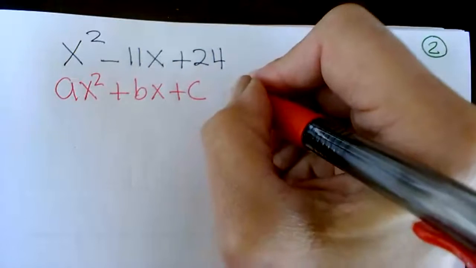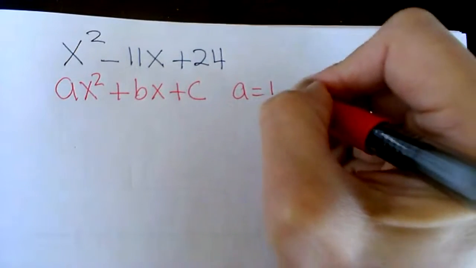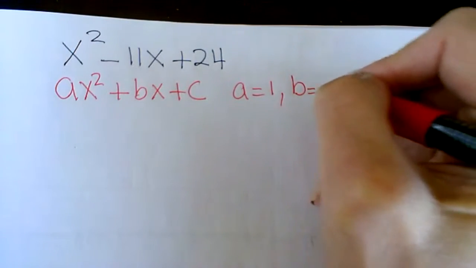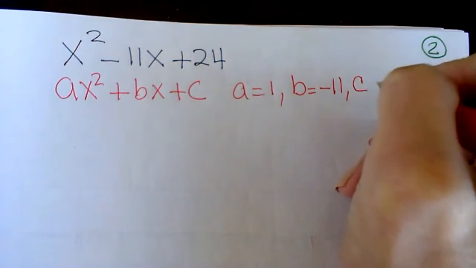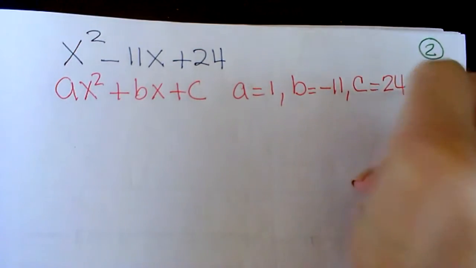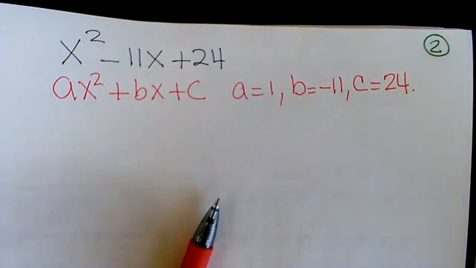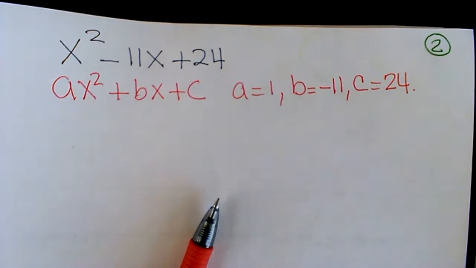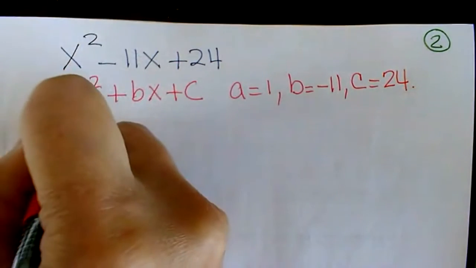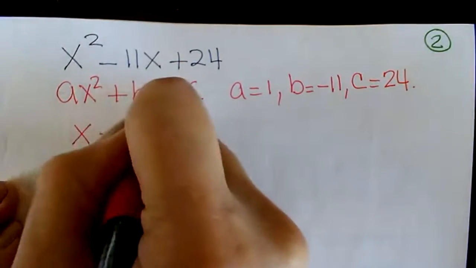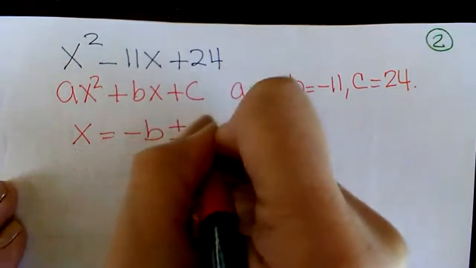So we know that a is equal to 1, b is equal to -11, and c is equal to 24. And let me write down the quadratic formula.